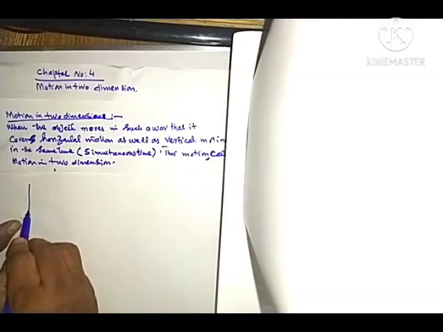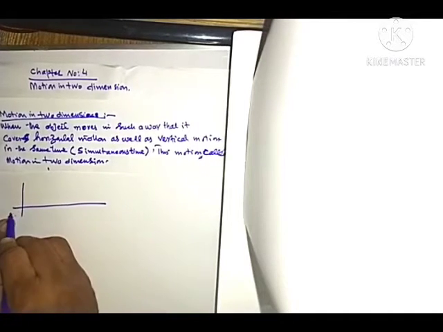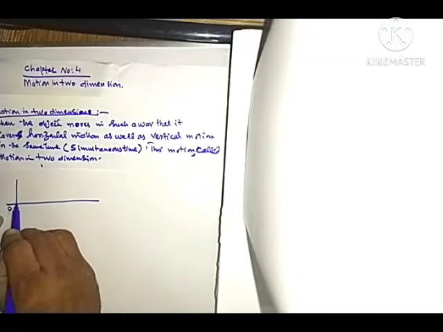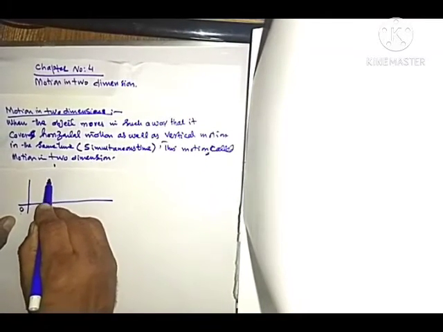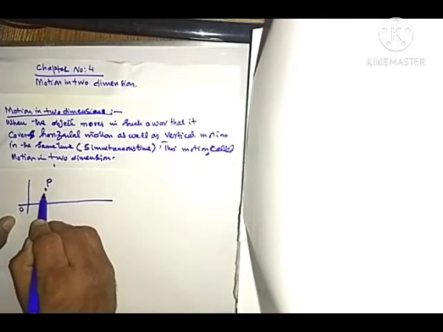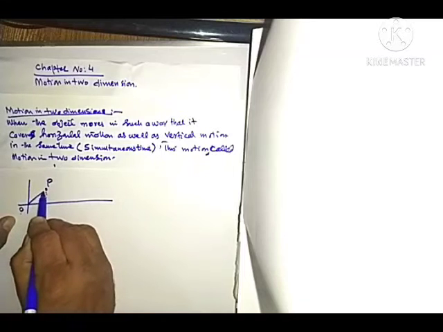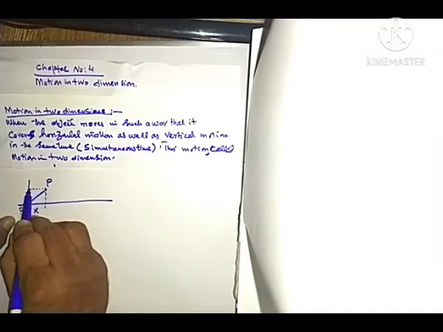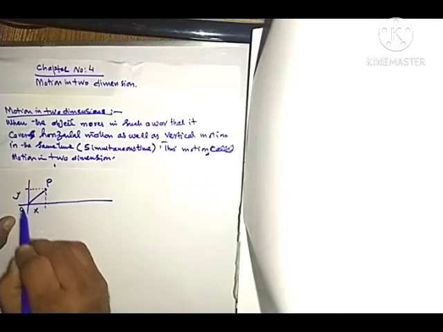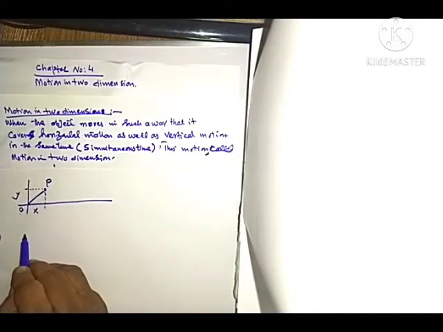Let's suppose the object is thrown from origin point O and reaches point P in the air, covering the x distance as well as the y distance in the same time.